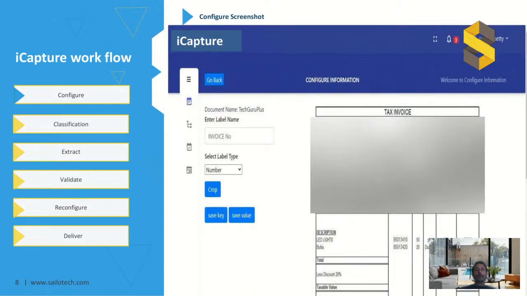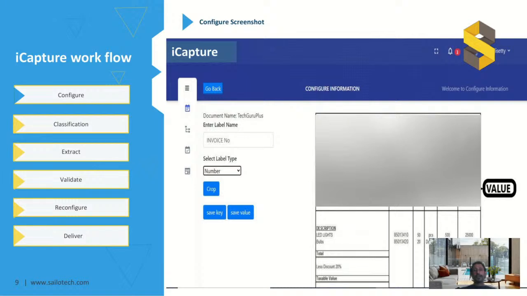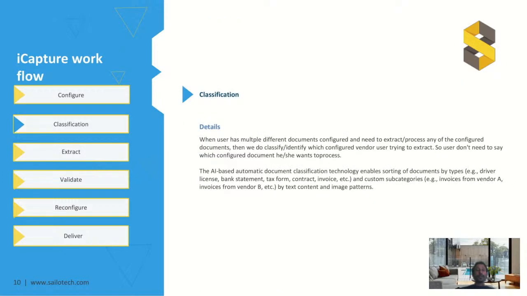Again, I'm just quickly going through. These are the high-level screens that you would see. Again, it is very user-friendly, and a non-technical person will be able to take this up with minimal support from Sailotech or from the iCapture core team.